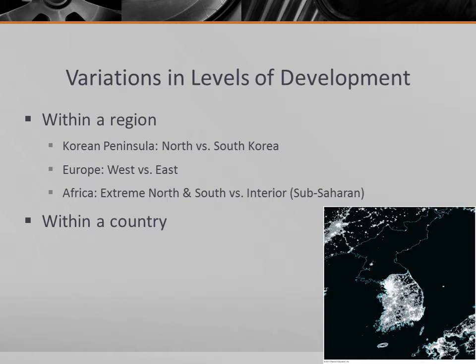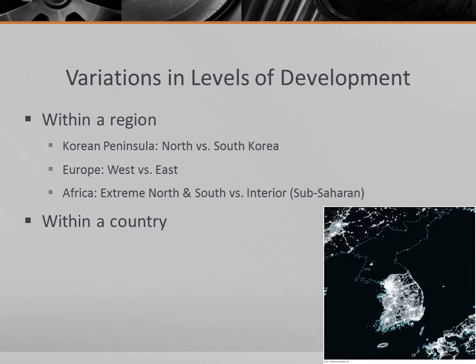But now we're pointing out that the extreme north, Egypt, Algeria, Morocco, are significantly more developed. In the extreme south, South Africa, for example, is more developed than the interior part of the country. And that's important because we're pointing out variations here.